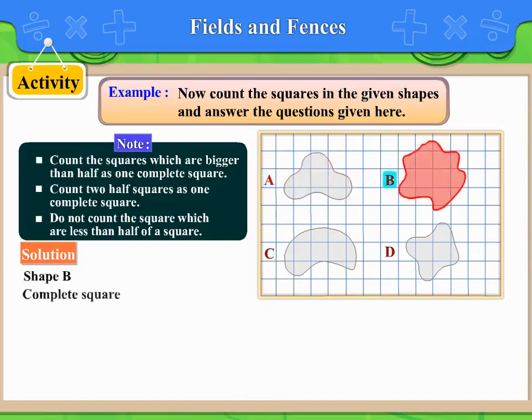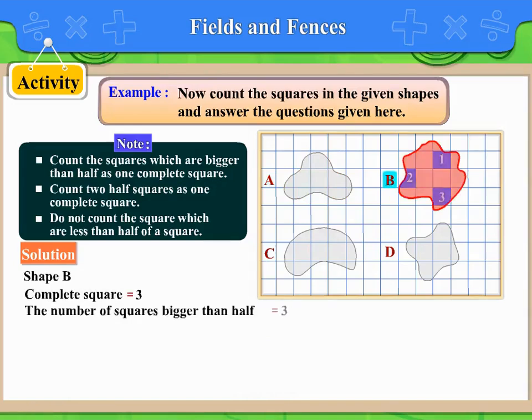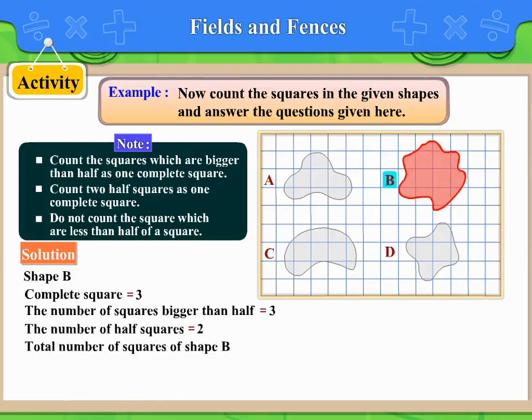In shape B, there are 3 complete squares in all. The number of squares bigger than half is 3 and the number of half squares is 2. So, there are a total of 3 plus 3 plus 2 into 1 upon 2, which is equal to 3 plus 3 plus 1, which is equal to 7 squares.